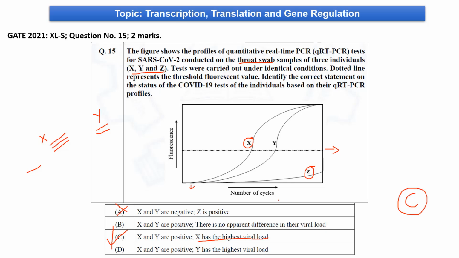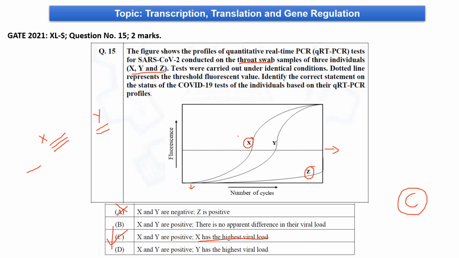So here you have to consider three things. You have to consider the threshold value. The ones that are above the threshold value are positive. The ones that are below are considered negative. If it is negative, we say that the sample did not have SARS-CoV-2, or the individual does not have SARS-CoV-2.